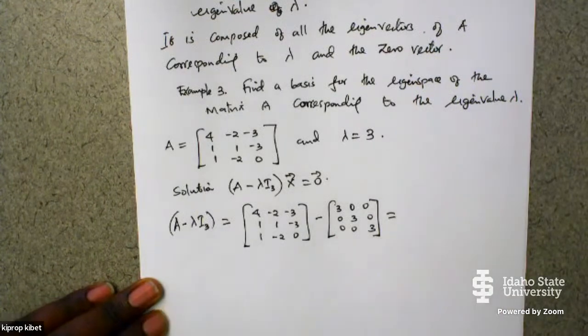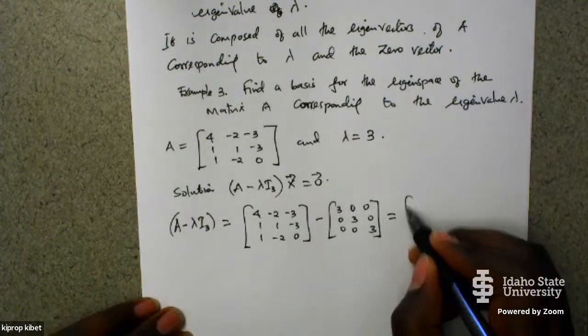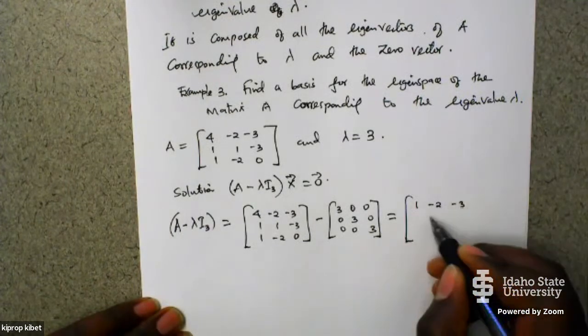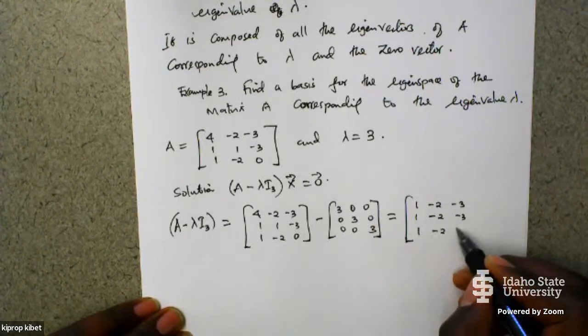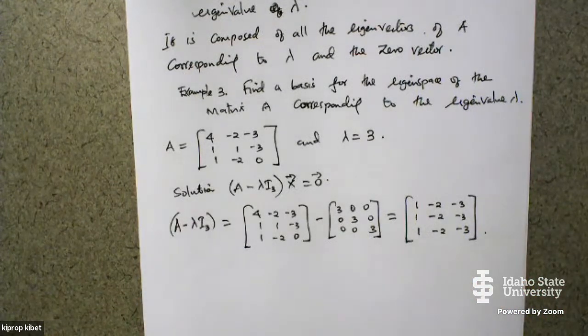And then we subtract. So when we subtract this, we get 1 minus 2 minus 3, 1 minus 2 minus 3, 1 minus 2 minus 3.